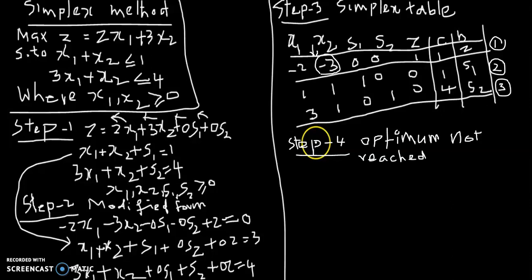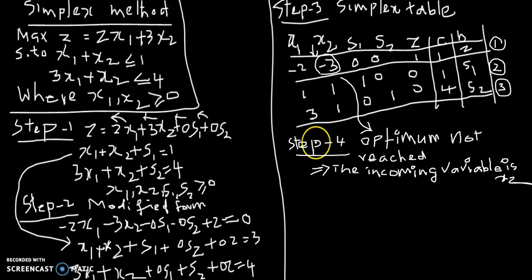See here, there is a negative number, therefore optimum is not reached, which implies the incoming variable is X2. Now to bring this x2 inside as a basic variable, we have to bring out one of these variables. So S1 or S2 should move out.